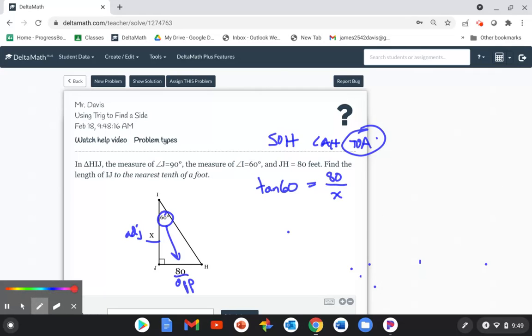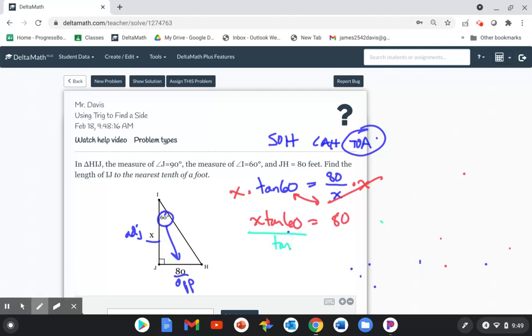When we multiply by x, the x's cancel, then we have x tan 60. Basically the x and the tan 60 just switch places. We divide by tan 60. So x equals 80 divided by tan 60, which we type into our calculator.